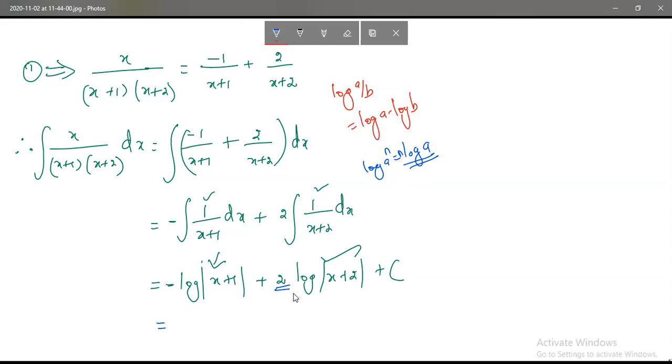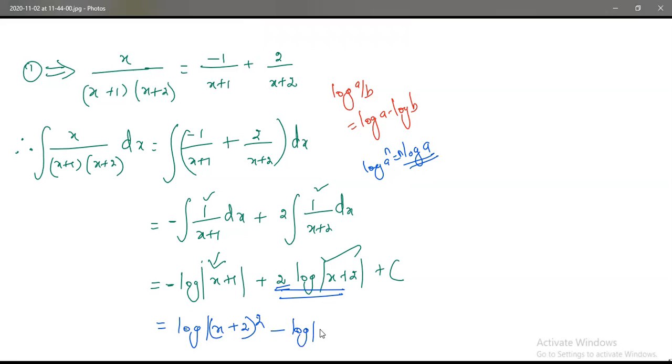So here 2 you can take to the power, like log mod x plus 2 the whole square, minus log x plus 1, plus c.